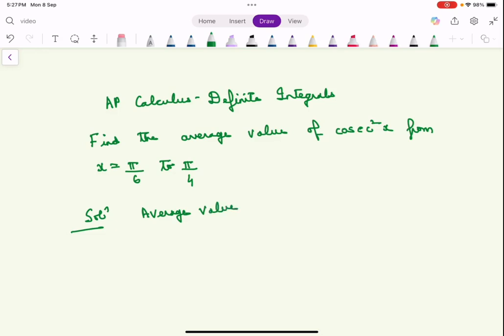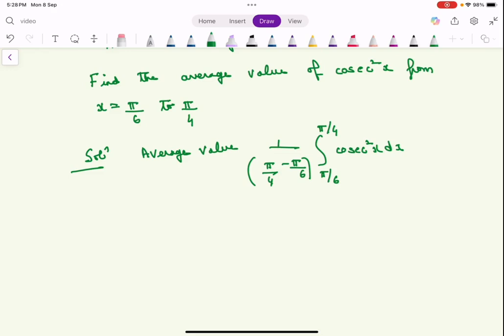is given as 1 by pi by 4 minus pi by 6, 1 by b minus a, integral pi by 6 to pi by 4 cosec squared x dx, because the formula is 1 by b minus a integral a to b fx dx.